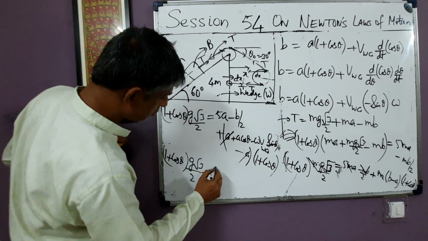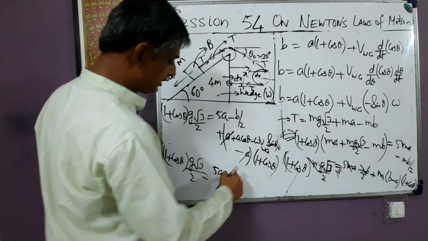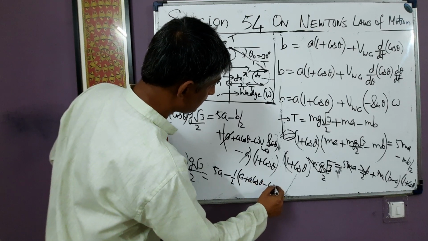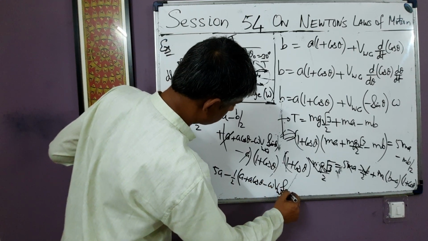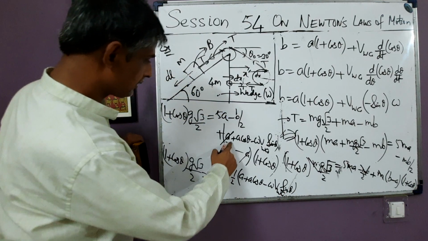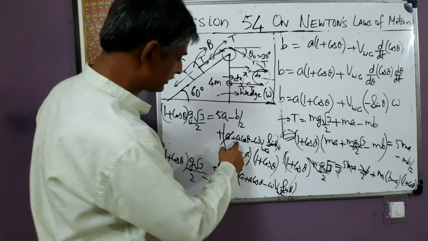That is equal to 5a minus half. For this b I substitute b here: a plus a cos θ minus ω v_wg sin θ. ω v_wg what? sin θ. Okay. Plus this a goes away. What do we get here?